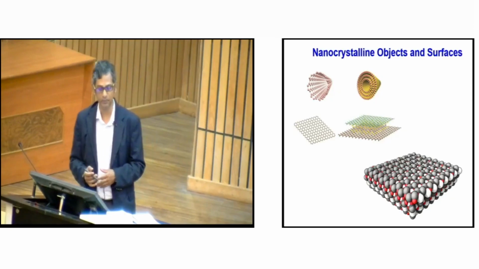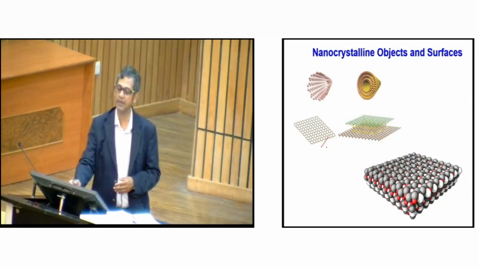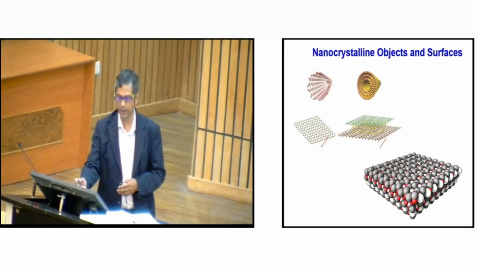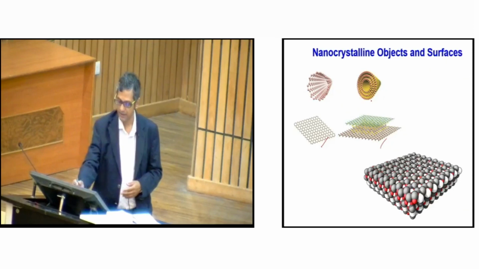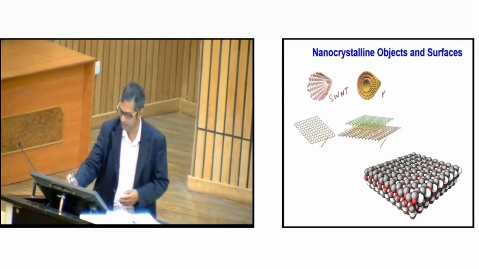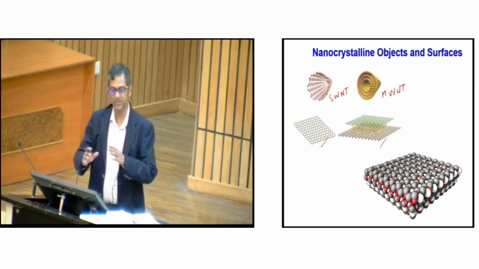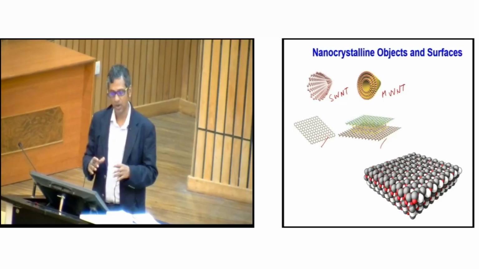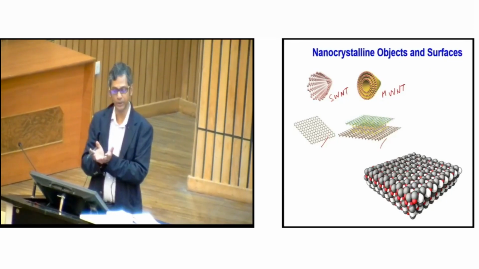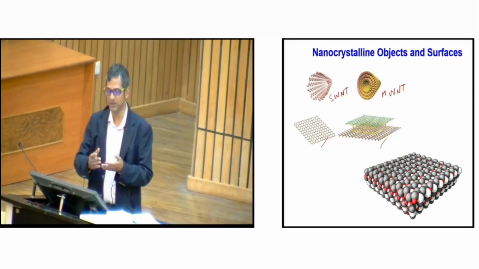These pictures are taken from various sources. As you know, this is graphene, this is several layers of graphene, that is a single wall nanotube, and this is a multi wall nanotube, right. Now, if you look carefully, whether it is a single layer of carbon, several layers of carbon, or a nanotube, once you open it up, it forms a surface.